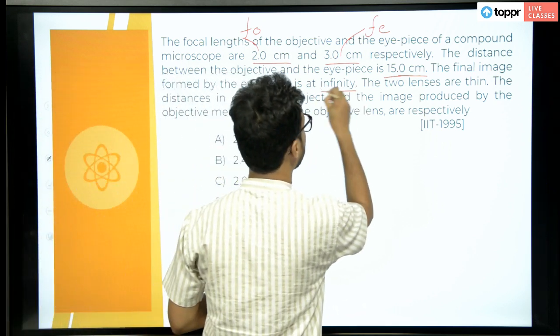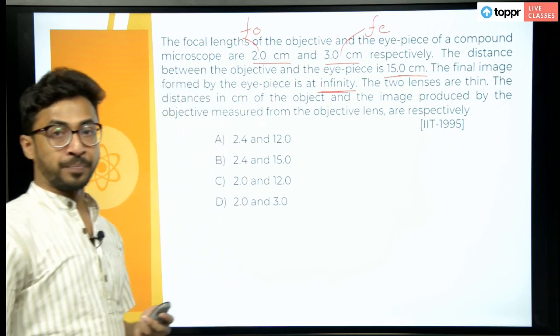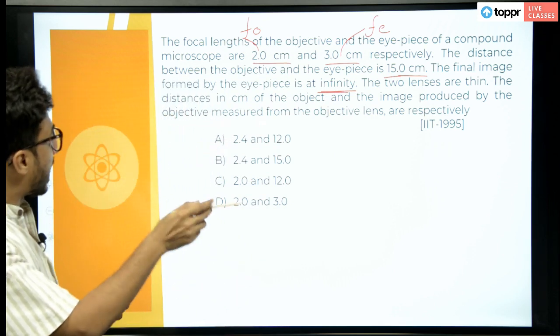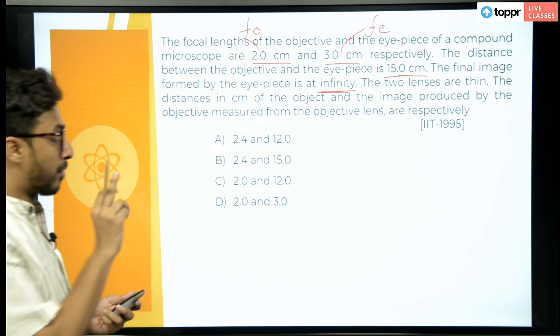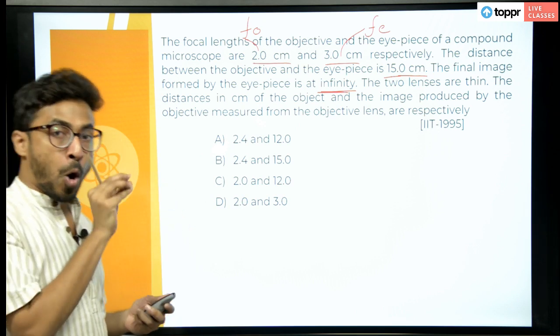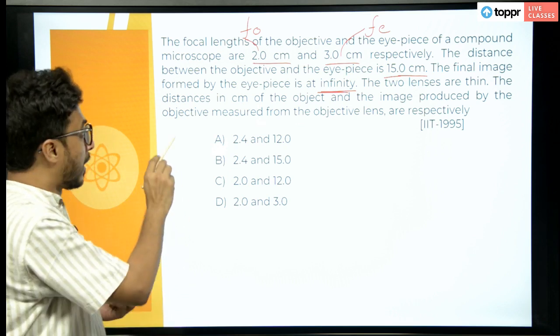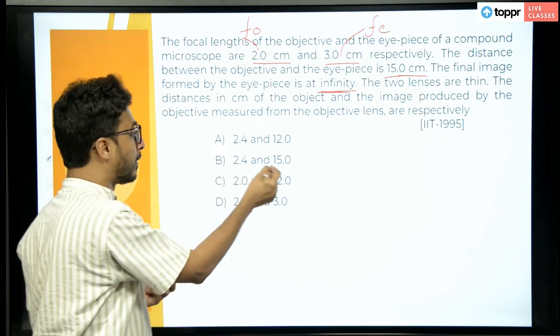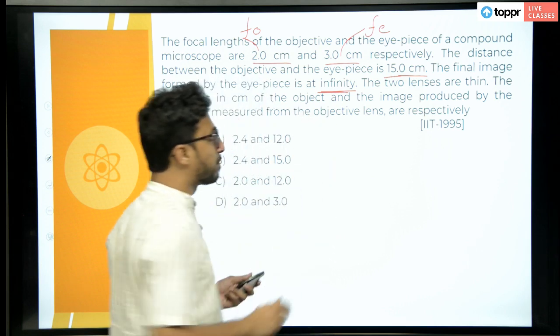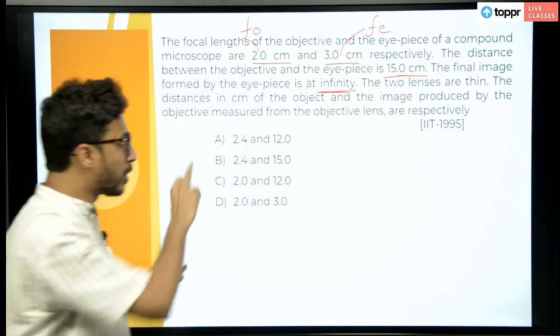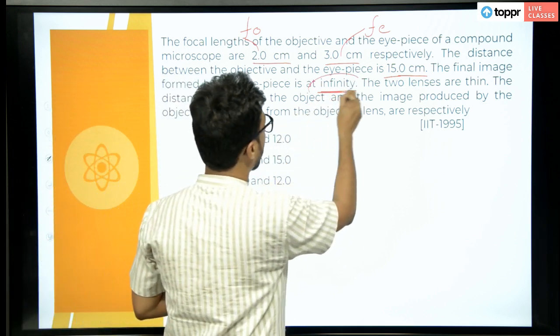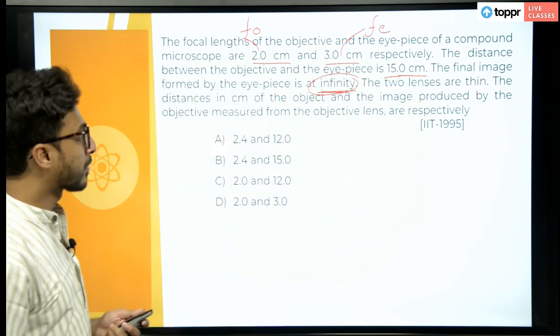Now, what does this say? When the final image formed by the eyepiece is at infinity, the object distance for the eyepiece must be its focal length, then only the image will be formed at infinity, right?